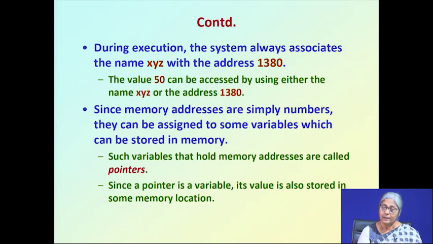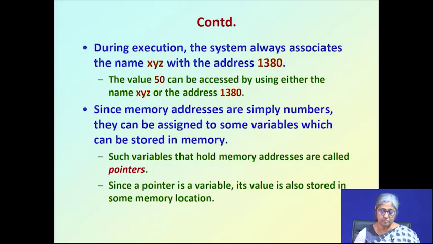See, xyz is a variable stored in memory at 1380. Since 1380 is a value, it will be treated as a pointer variable, again a variable. So the address of this pointer variable can also be stored in another variable.